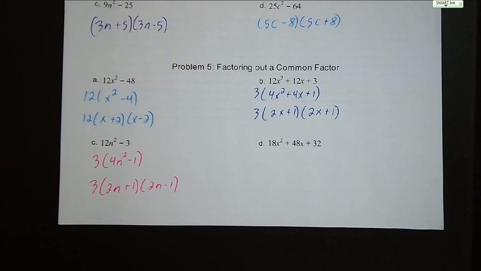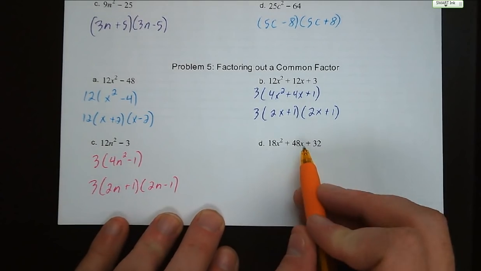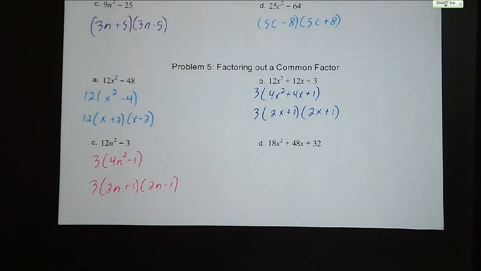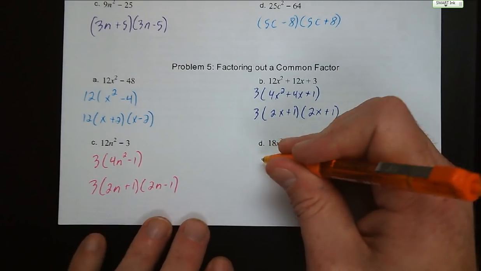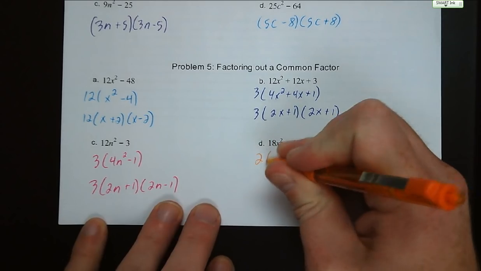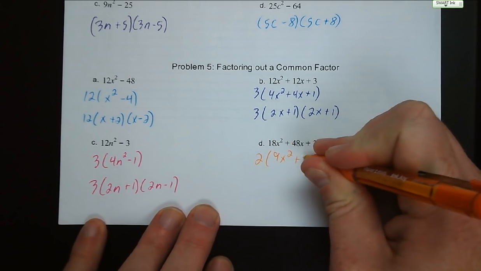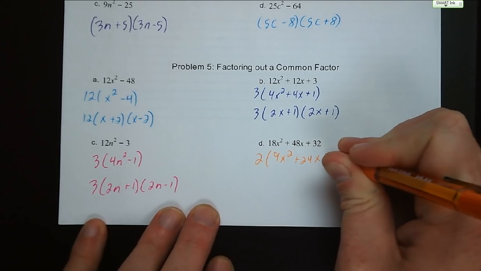Letter D, 18x squared plus 48x plus 32. What is my common factor that I can pull out there? Well, looks like I can pull out a 2 from all of my terms. And I'm left with 9x squared plus 24x plus 16.